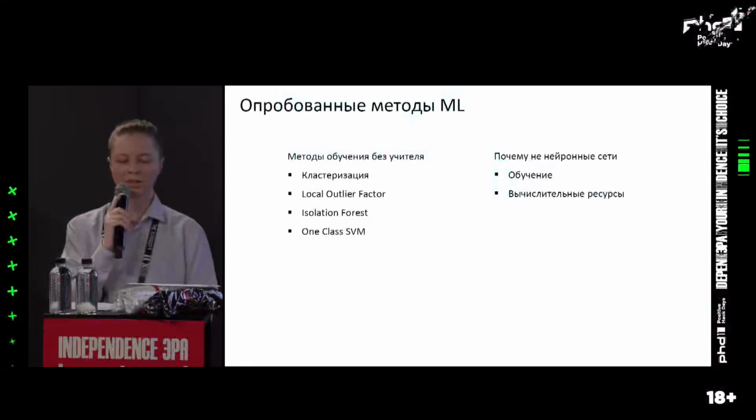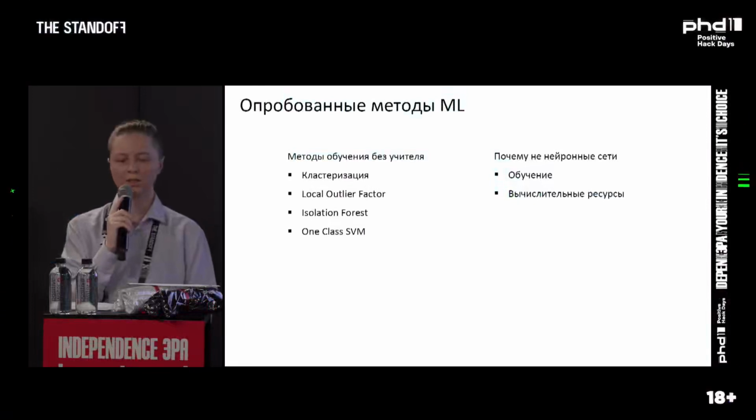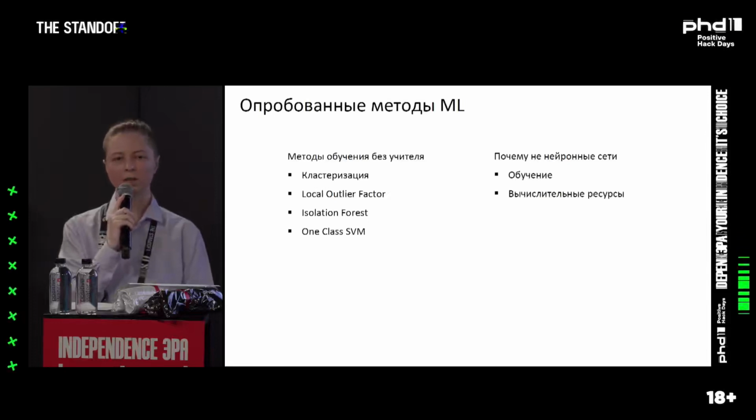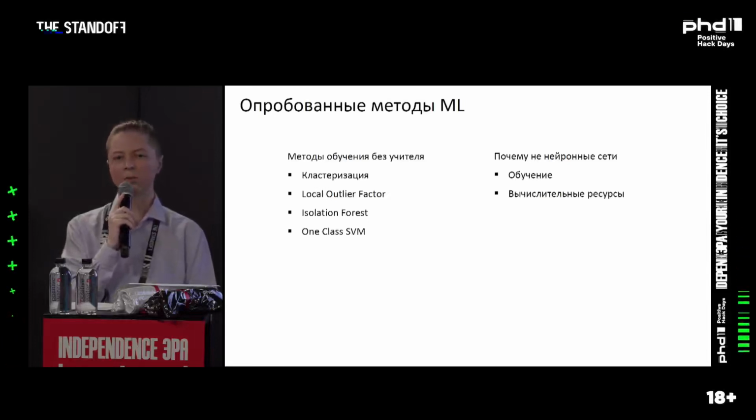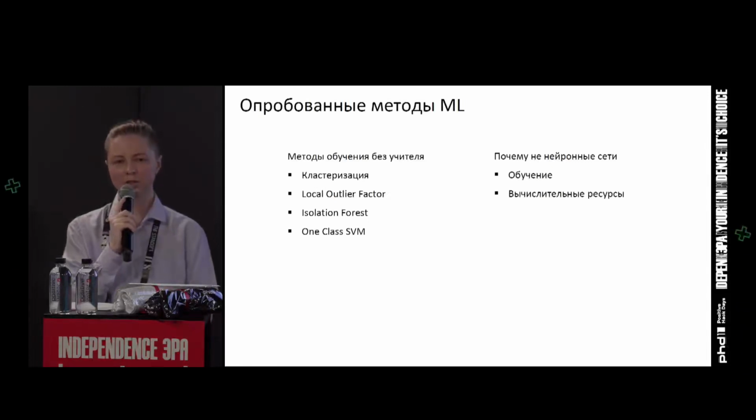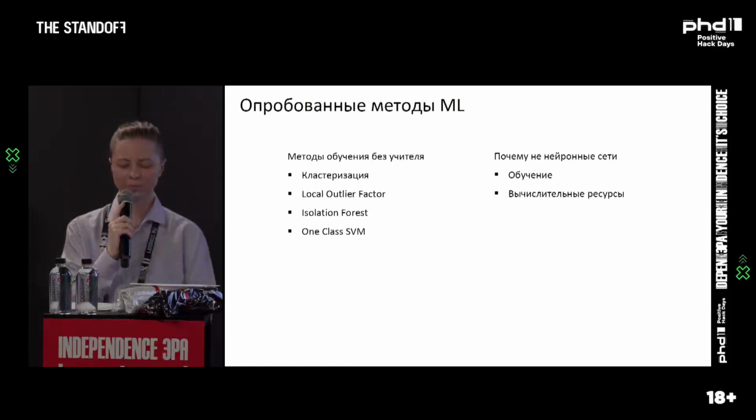So we tried a set of methods. We used clusterization, isolation forest, local outlier factor. I wouldn't want to stop at local outlier factor. This method did not suit us because it requires quite a lot of computing resources and it was not fast enough for our task.